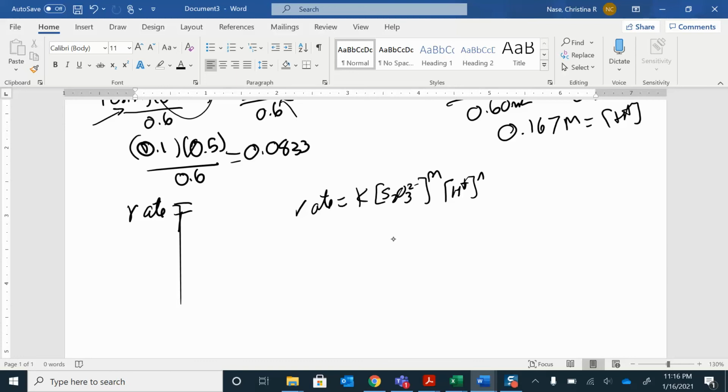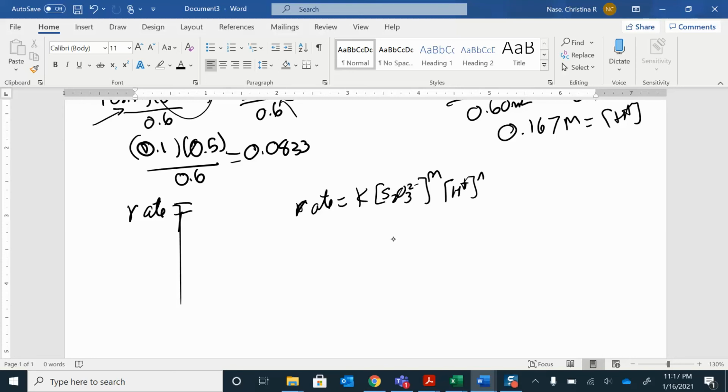So the rate is equal to K times reactant, each one raised to some power. And that m and n, those are called the orders of the reaction. K is the rate constant. We're going to solve for that after we solve for m and n. And then the rate is what we already calculated as 1 over time. So we know the rate. So in the table, what do we have? We have rate data and we have these concentration data. We want to solve for M, N, and K.